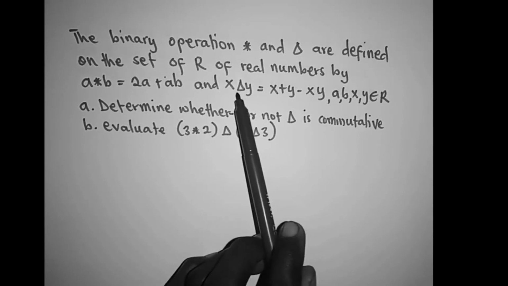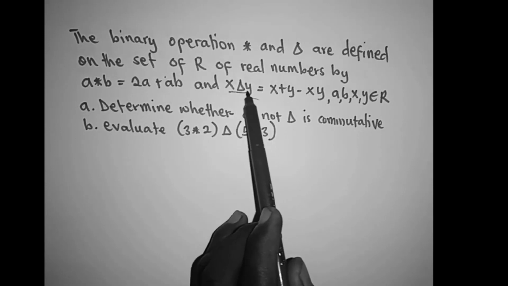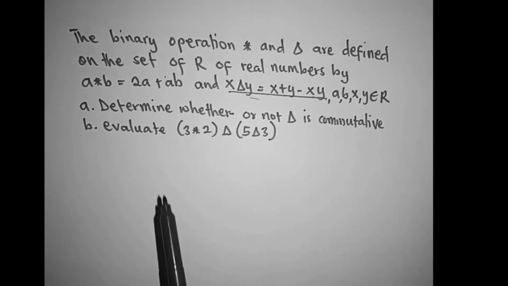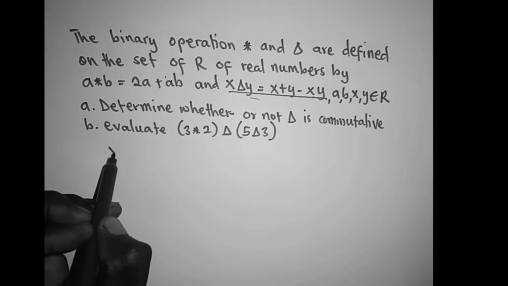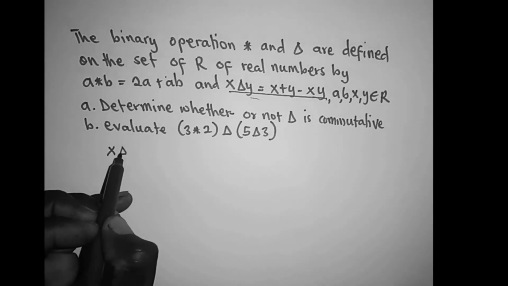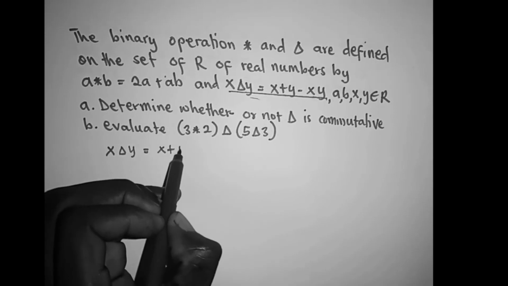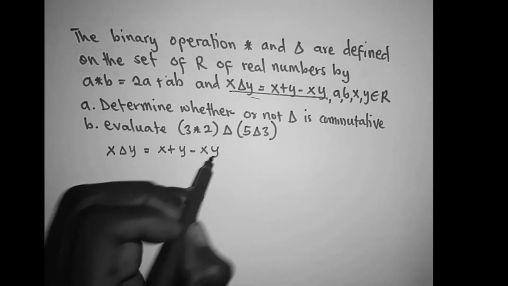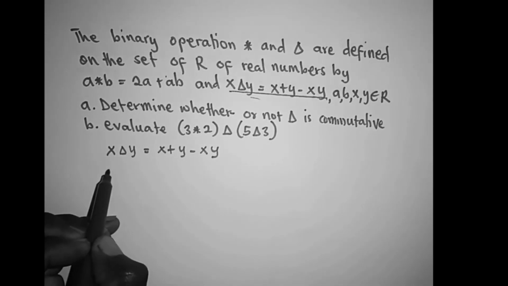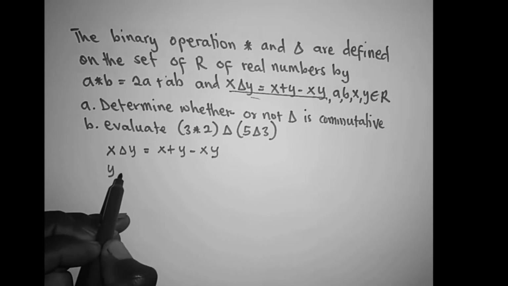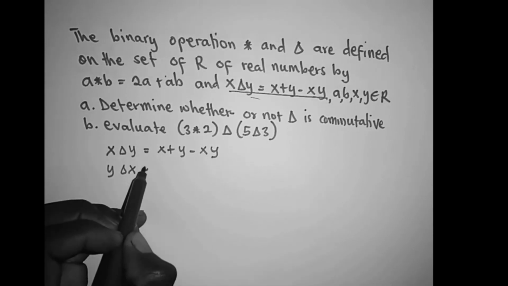So we are supposed to determine whether or not this part of the operation is commutative. So that is x operation y equals x plus y minus xy. So let's determine y operation x.